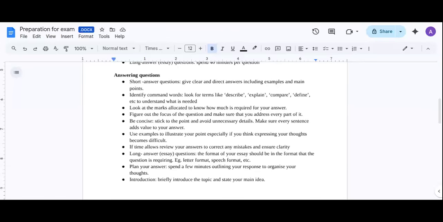Same thing if you see a question worth 8 marks or even 10 marks, you know that you need to get into detail. You need to provide some examples to ensure that you will get the full marks for the question.